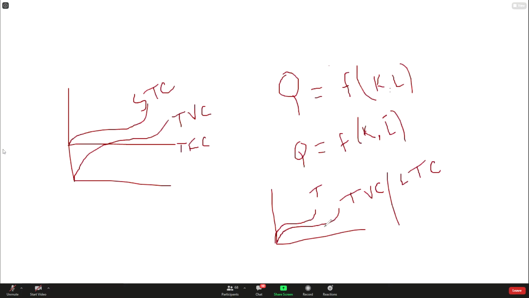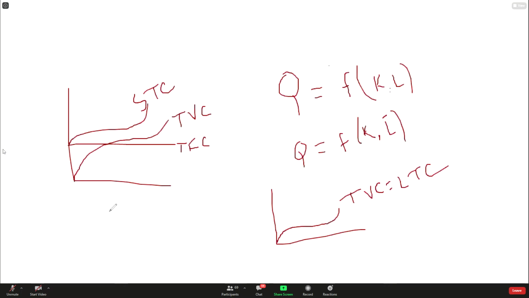So there must be only one diagram. Clear or not? Or you can write it here equals to total cost. Whatever you write, the concept of short run total cost and long run total cost is clear to you now.